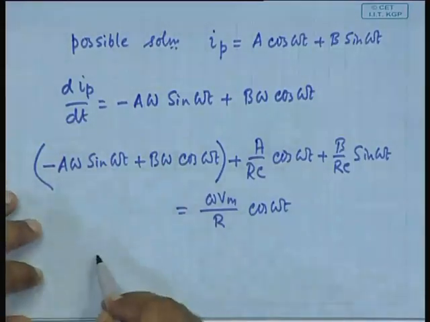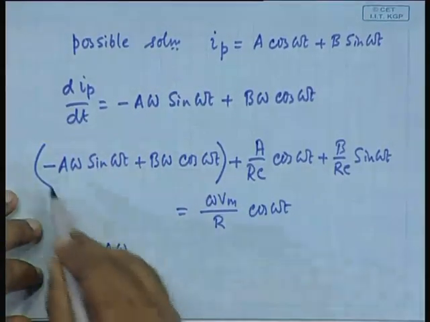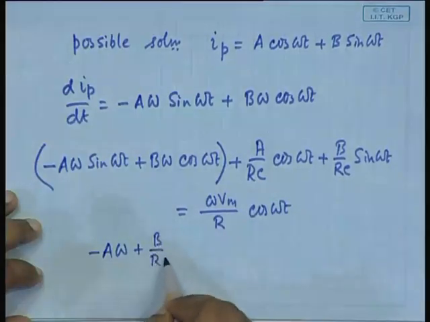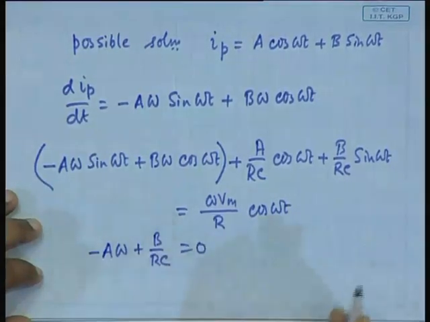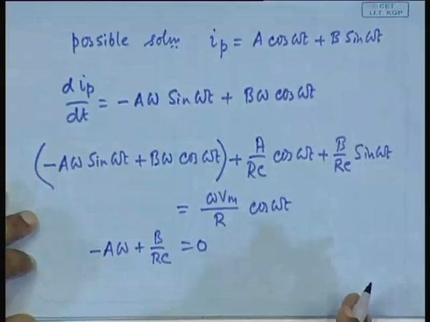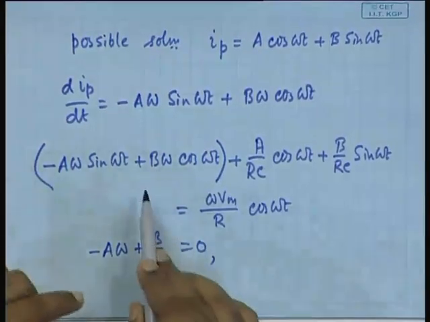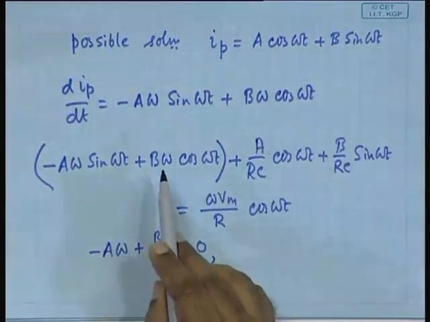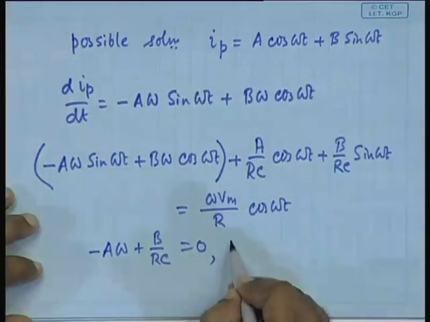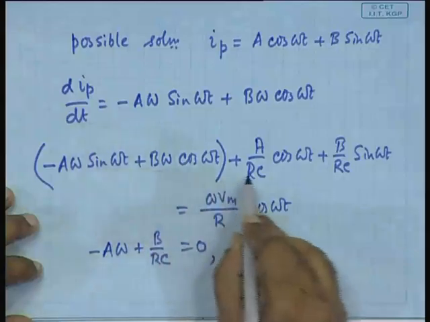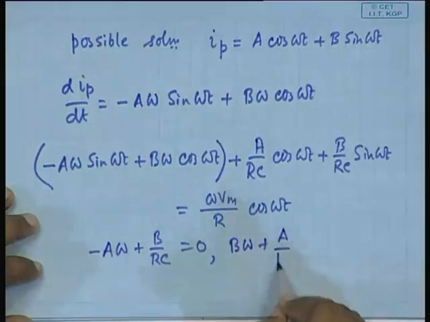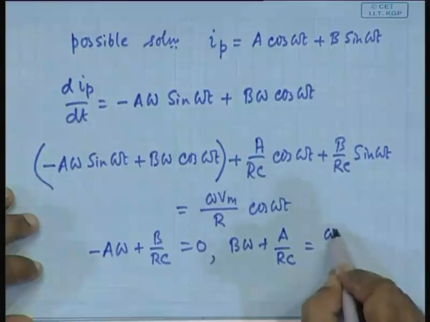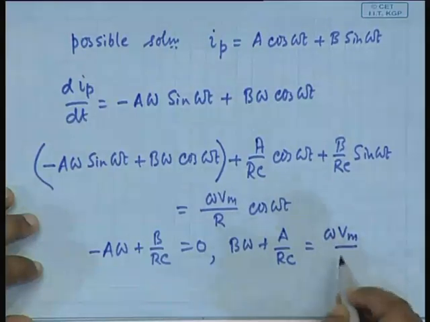So we can write minus a omega plus b by Rc is equal to 0, and the coefficients of the cosinusoidal term, it is b omega plus a by Rc is equal to omega Vm by R.